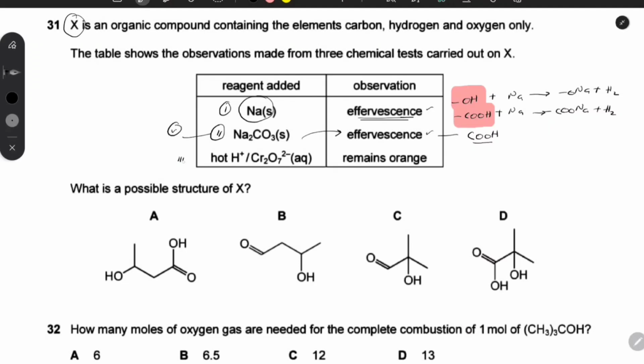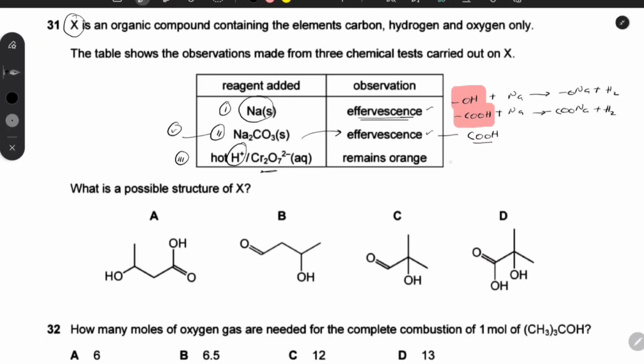Now the third test is reacting X with potassium chromate, or any chromate, it could be sodium chromate, which is a strong oxidizing agent in the presence of hot H positive, which is basically acid. There will be no change.